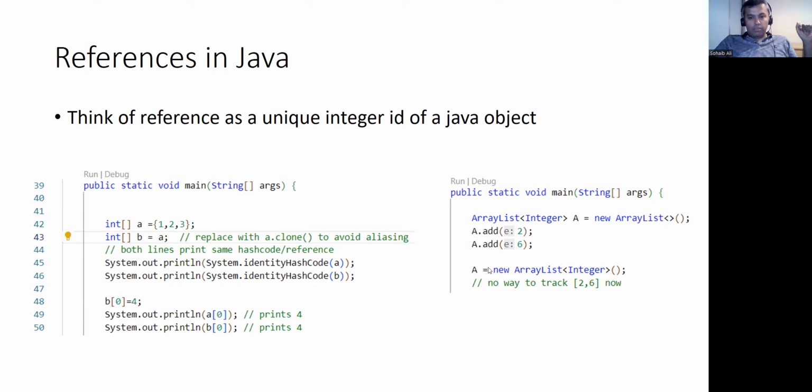And then if I say that variable A points to some new integer array, then Java automatically will do the cleanup. It will destroy the original contents of A, and now your A reference will point to some new integer array. This is not recommended in C++.